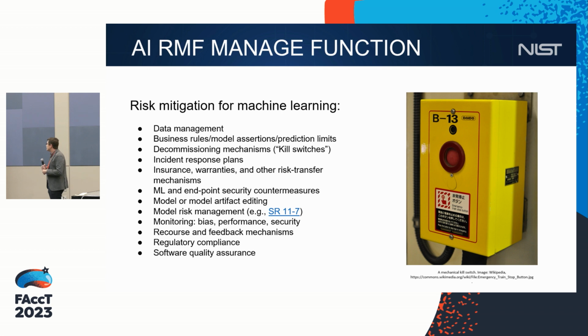And so the example I give there is it's probably just not necessary to let a self-driving car go 150 miles an hour. So we can just put in a rule that says don't go that fast. If we know that our machine learning systems are going to be making potentially dangerous or harmful decisions, then we can act as developers and try to put some rules up to prevent those kinds of predictions.